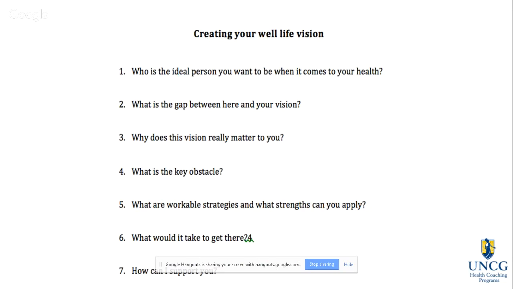And so this is another reason why the coaching spirit and that establishment of trust in your coaching relationship is so important, to help that client feel comfortable in sharing some of this deep information. We'll talk a little bit more about the Well Life Vision and how it connects with setting agreements in your sessions in that module.